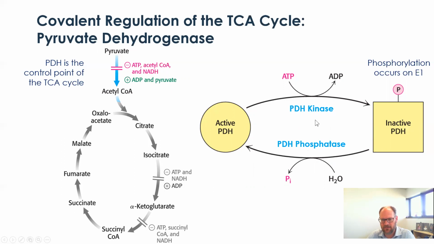This is an enzyme that puts a phosphate onto pyruvate dehydrogenase. Pyruvate dehydrogenase has two forms, an active and an inactive form. It's inactive when it has a phosphate on it, and it is active when it is dephosphorylated. So pyruvate dehydrogenase kinase puts that phosphate on and inactivates the enzyme, whereas pyruvate dehydrogenase phosphatase takes it back off.